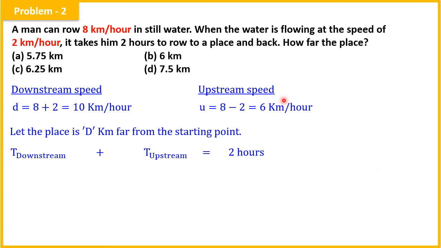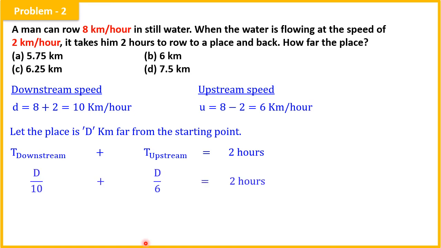Now what is time? Time is equal to distance divided by speed. अगर वो d किलोमीटर जा रहा है डाउनस्ट्रीम at the speed of 10, तो कितना समय लगेगा? It is d divided by 10. और वही d किलोमीटर अपस्ट्रीम वापस आ रहा है at the speed of 6, तो कितना समय लगेगा? It will be d divided by 6.